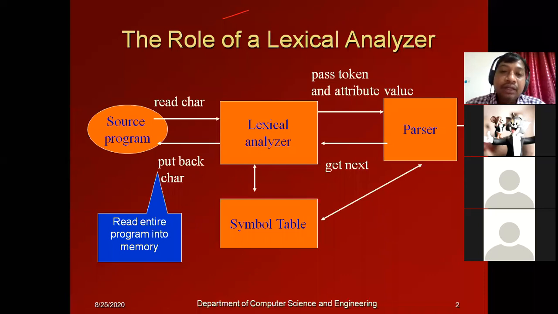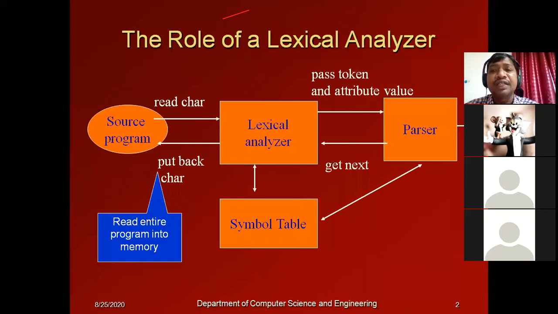Then whenever it identifies a particular lexeme or token, it will pass the token to the parser, so that the parser will arrange those tokens in a syntactical manner. Whenever it is able to construct a parse tree, we can say it is syntactically correct. Otherwise, there is a syntax mistake.